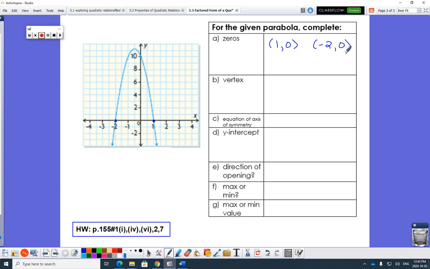For the vertex, you can see on my picture where the vertex is. On yours it's hard to see, so just solve for it. Add the zeros, divide by 2. So this graph, each of the 2 spots is 1, so you can clearly see on mine, sorry about yours, that it's negative a half, okay?